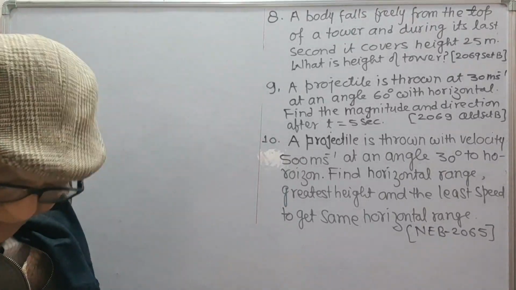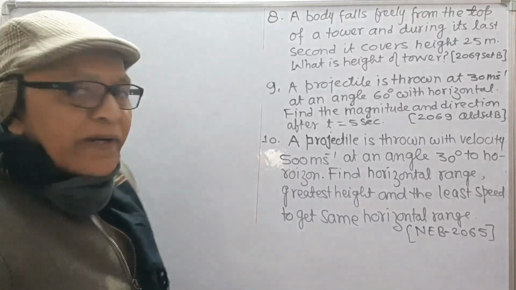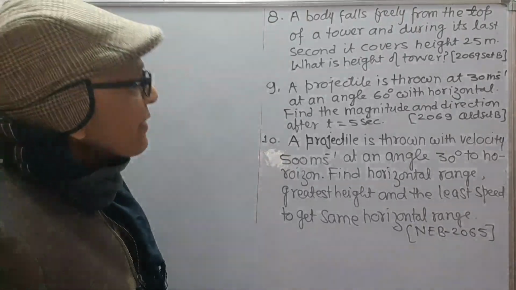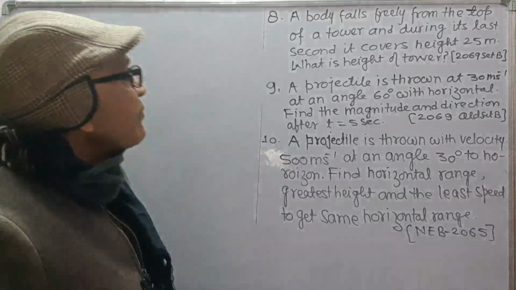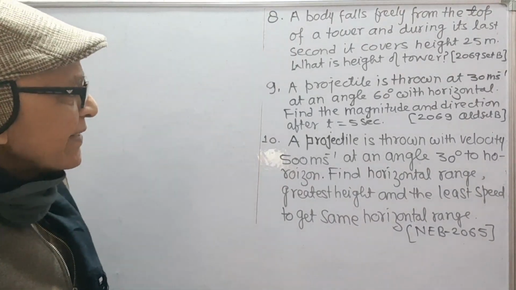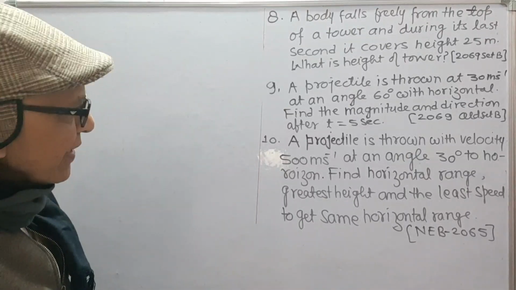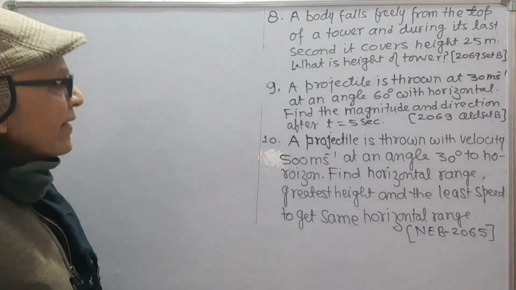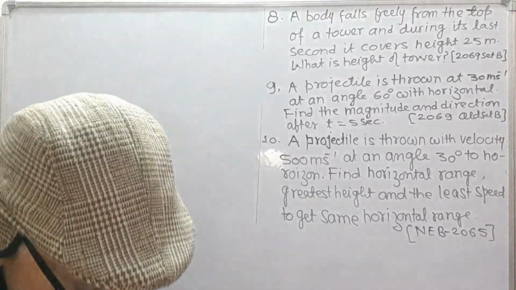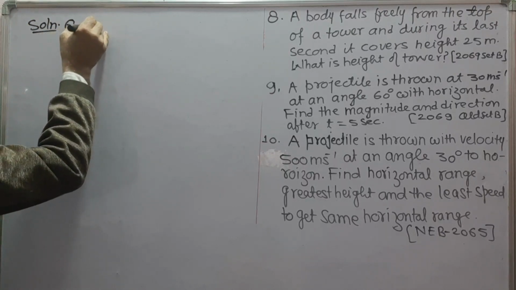Next question number 9. The question is, a projectile is thrown at 30 meter per second at an angle 60 degree with the horizontal. Find the magnitude and direction of velocity after 5 seconds. Solution to question 9.